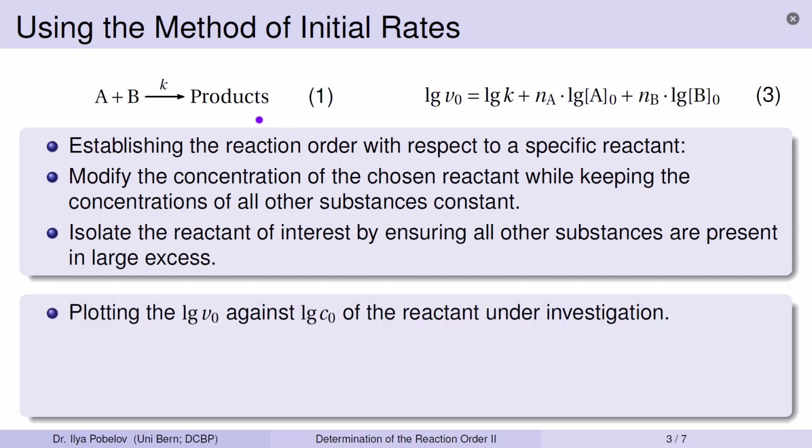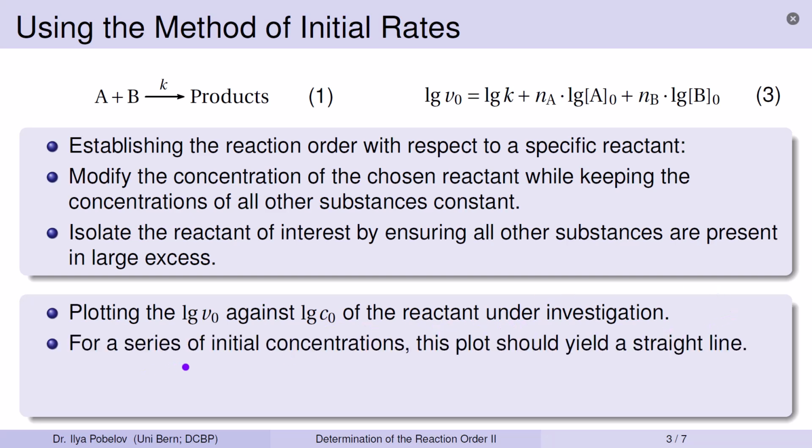When employing the method of initial rates, regardless of the approach taken, the process involves plotting the logarithms of the initial rates against the logarithms of the initial concentrations of the reactant under investigation. For a series of initial concentrations, this plot should yield a straight line.